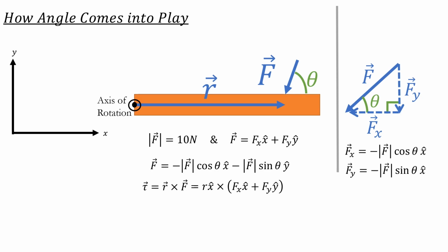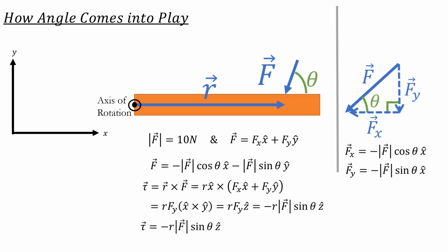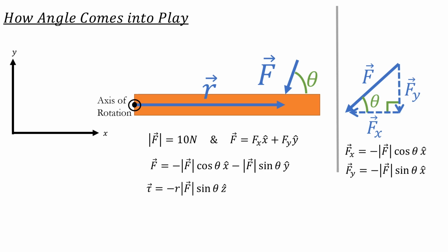Torque equals R multiplied by the y component of the force, x hat cross y hat, equals R times the y component of the force, z hat, which is negative R times the magnitude of the force, sine theta, z hat. We can find the magnitude of the torque to be the magnitude of negative radius force sine theta z hat. We call the magnitude of a unit vector 1, so the magnitude of the torque is radius force sine theta.